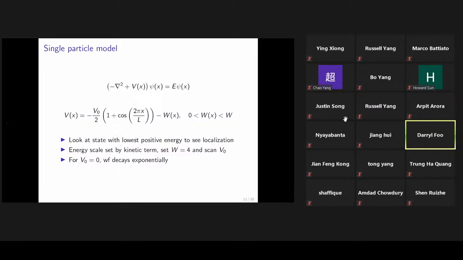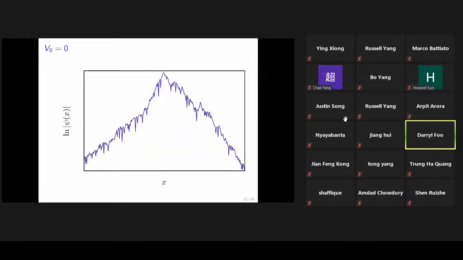Just pick a disorder strength. Let's say 4, just to make things nice and visible, and scan through V0. So for V0, we know that random matrix theory tells us the wave function should decay exponentially. Let's see what happens as we increase V0. So when V0 equals 0, this is what the log of the absolute value of the wave function looks like.